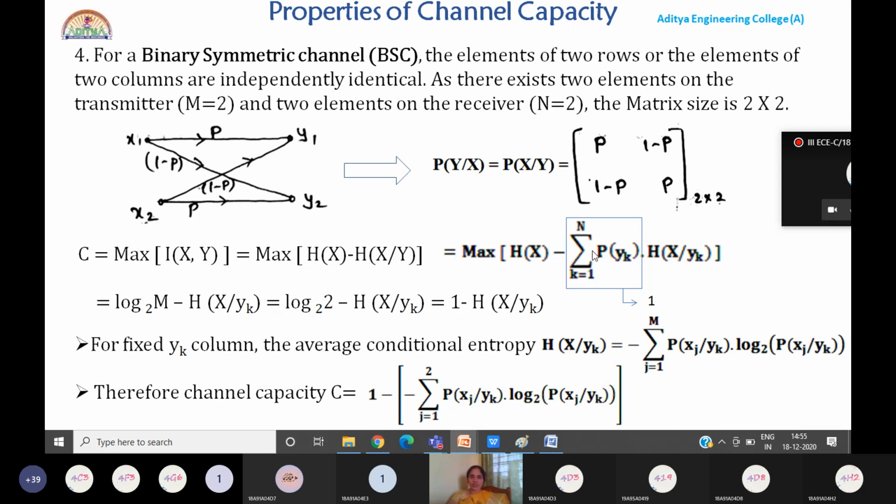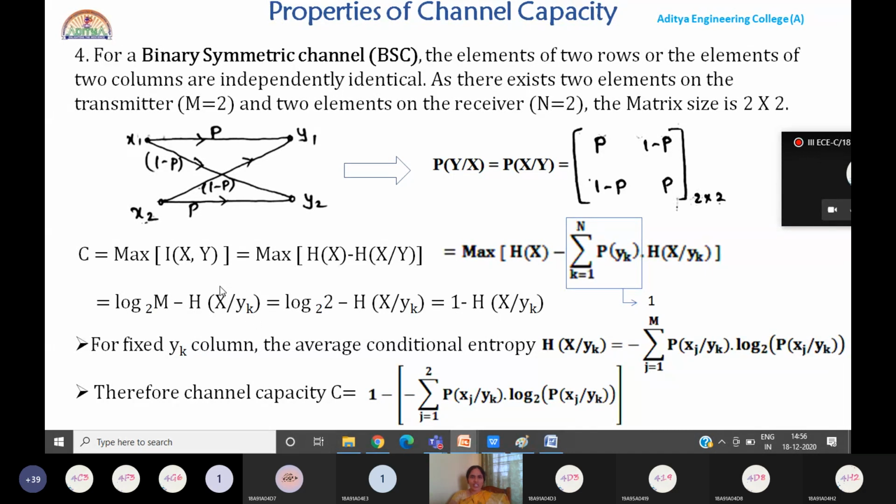So I have represented H(X/Y) as summation k = 1 to n of P(yk) into H(X/yk). Here, maximum of H(X) is how much? Already you know, the maximum entropy is log m base 2. So I have written log m base 2 minus H(X/yk).